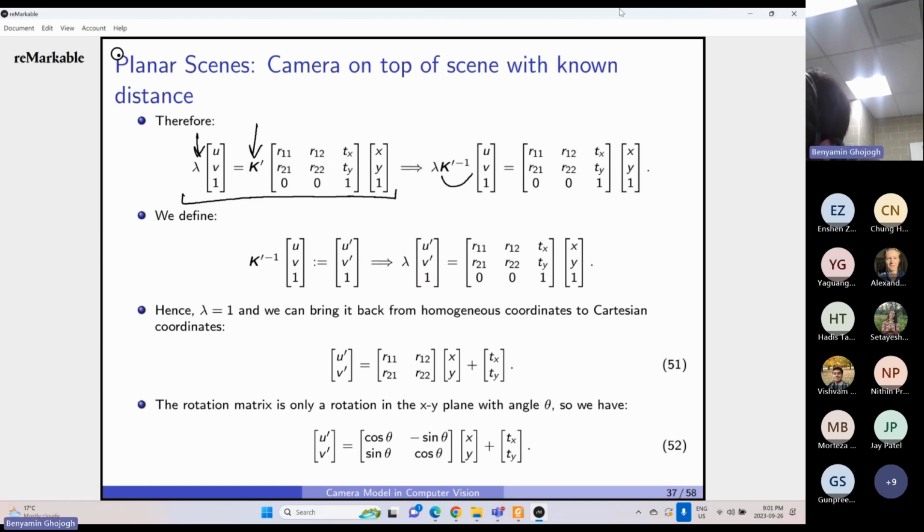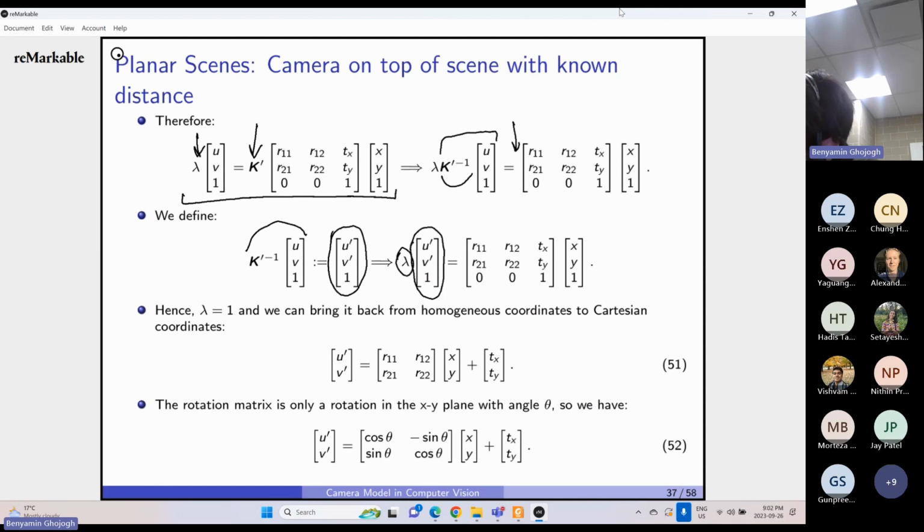This K prime goes away, becomes identity. And the rest as before. Now I have this term. UV are the pixels on the conveyor or on the plane. And this is also known. Because K prime is known, K prime inverse is known. Also, this K prime inverse times UV1, I define as U prime V prime 1. So I replace this with U prime V prime 1.